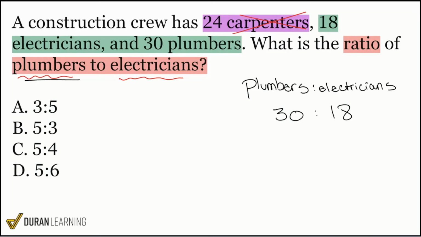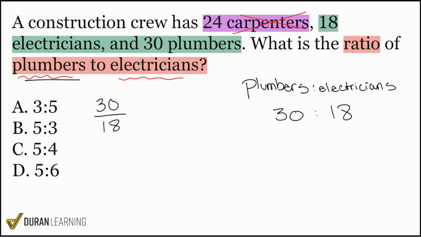The one thing that we have to do here is simplify in the same way that we would simplify a fraction like 30 over 18. What we try to do is divide the same number from the numerator and denominator, the same number from the top and bottom. That way we can get the simplest form. My party people, 30 and 18, what number can go into both 30 and 18? The biggest number that you can think of, the greatest common divisor, that's going to be 6.